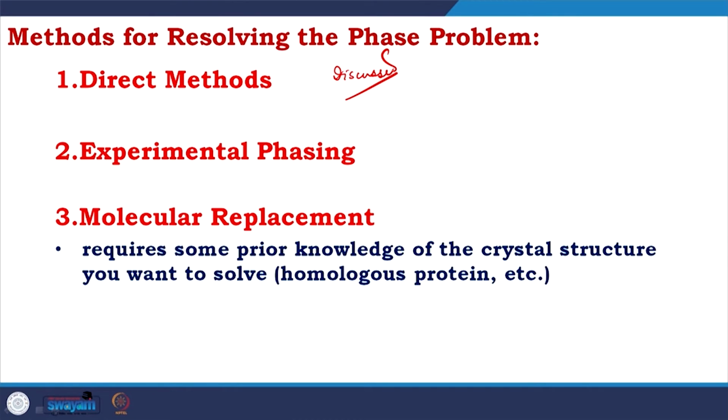Why? Because molecular replacement, which I will talk about in detail in the next class, is a revolutionary step in the field of protein crystallography. Today you see the number of crystal structures being solved, every day new crystals are coming, thanks majorly to molecular replacement.